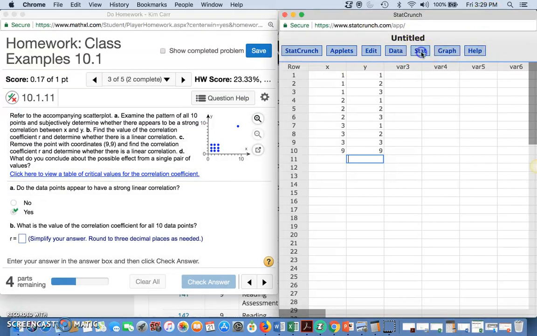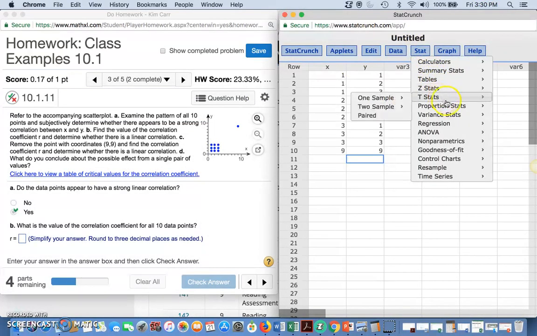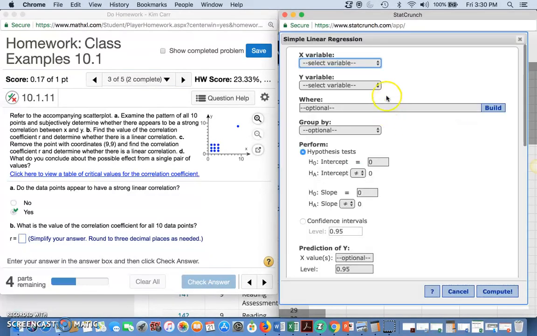Okay, we're going to go to Stat, and we want to go to Regression. We want simple linear. The x variable, we put it in x. The y variable, we put it in y. And we're going to do the hypothesis test here.